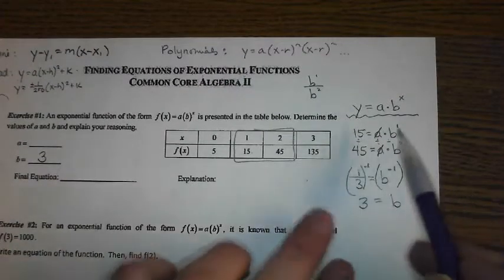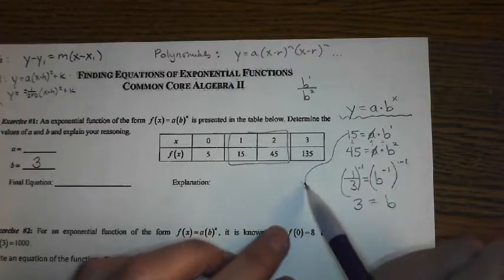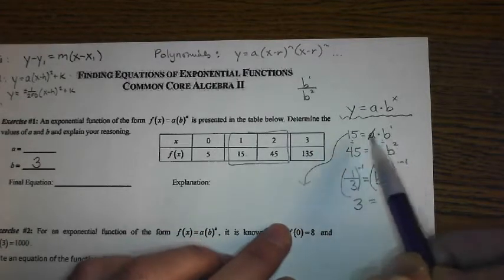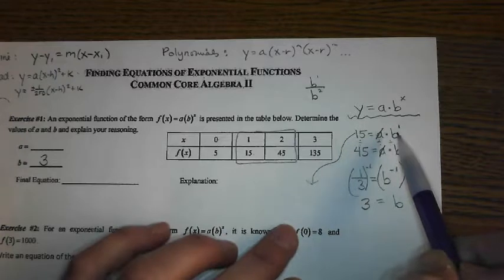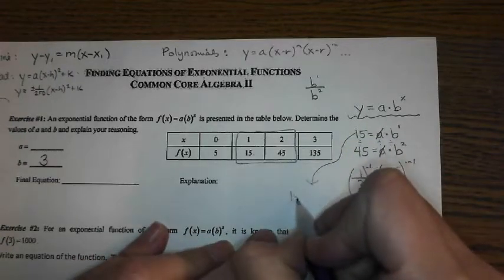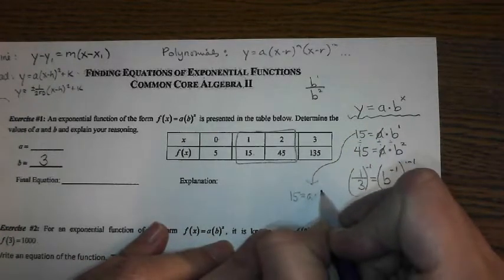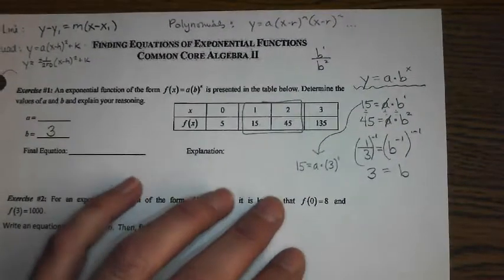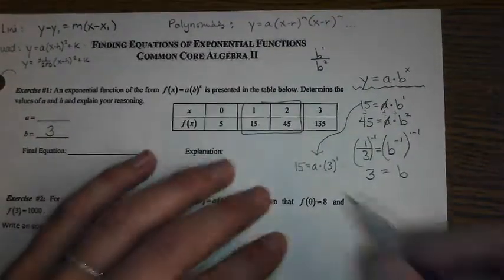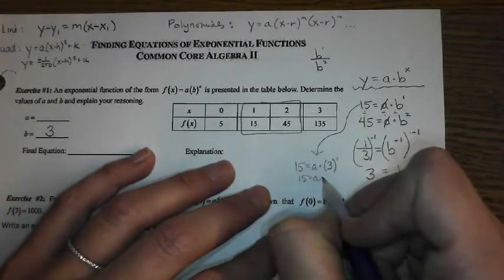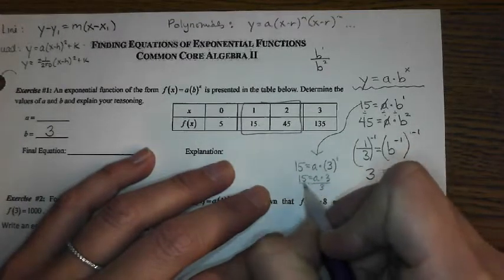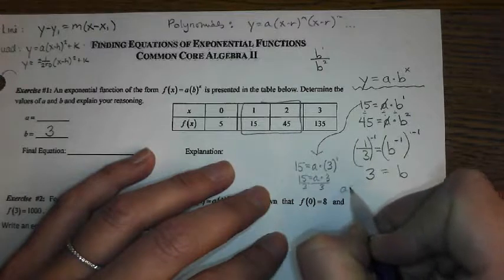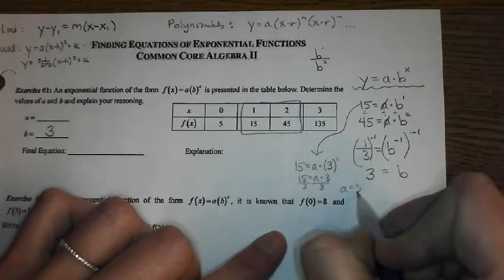Now that I know that, just like any other type of problem, I can go back in one of the two originals and I can use b as 3. So 15 equals a times 3 to the first power. And 3 to the first power is just 3. And then I divide both sides by 3, and a equals 5.